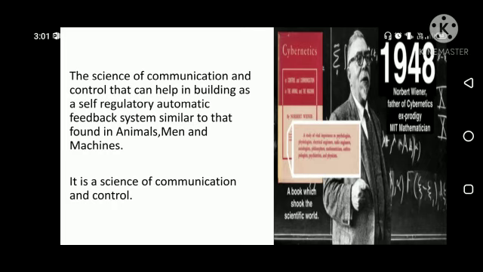This book, Control and Communication in the Animal and the Machine, shook the scientific world and spread to many sciences such as biology, physiology, psychology, etc. For this reason, he was called the father of cybernetics.